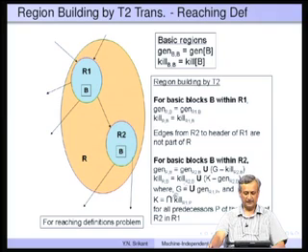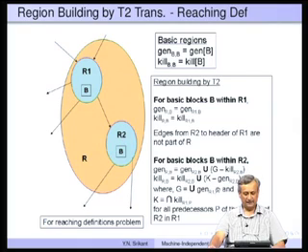For this reason we define G as the union of gen of R1 comma P, where all the predecessors P of the header of R2 in R1 are considered. Similarly, K is the intersection of kill of R1 comma P with the same definition. Now gen of R comma B for basic blocks in R2 is gen of R2 comma B union G minus kill of R2 comma B, taking into account all that information which is coming from R1.